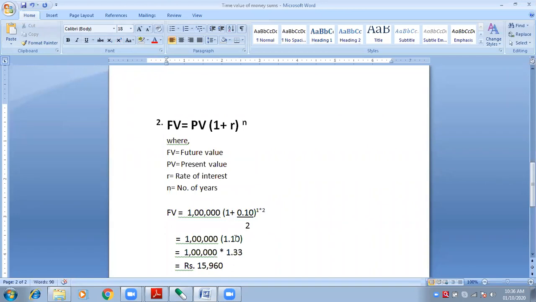You have to put a big bracket. Make the bracket a little bigger. Inside the bracket, how do you write it? 1 plus 0.10 divide by 2, bracket close. So 0.10 divide by 2, not the whole divided by 2.